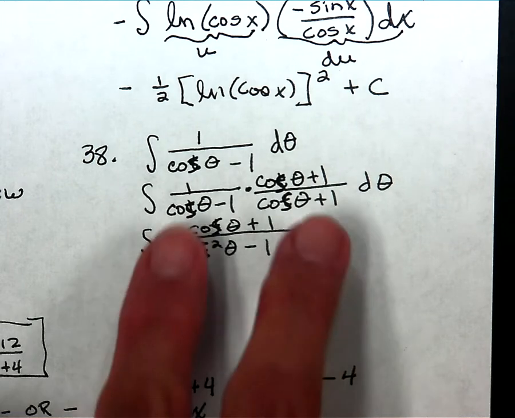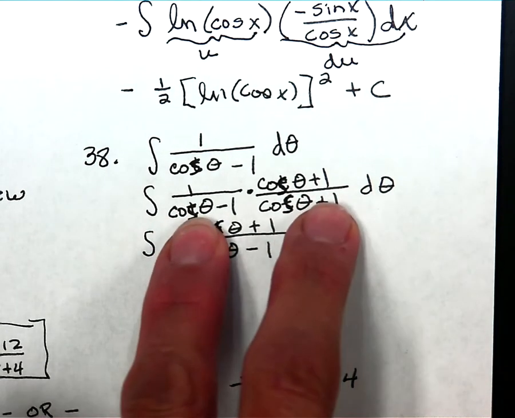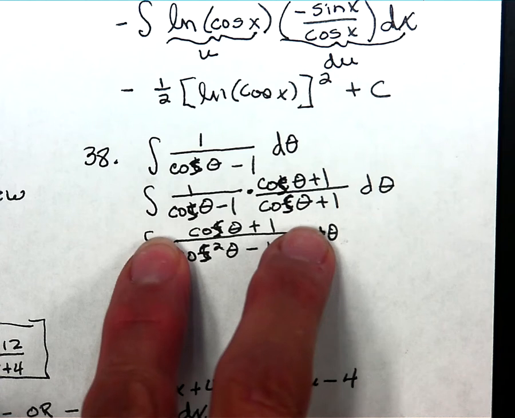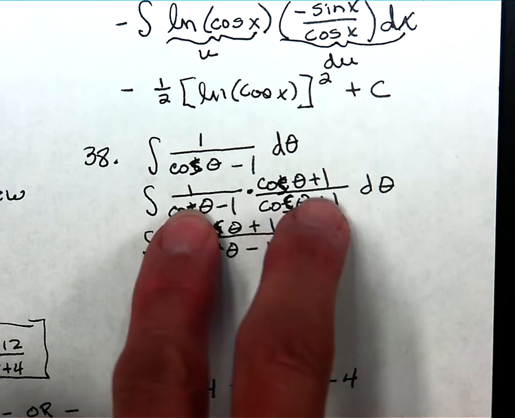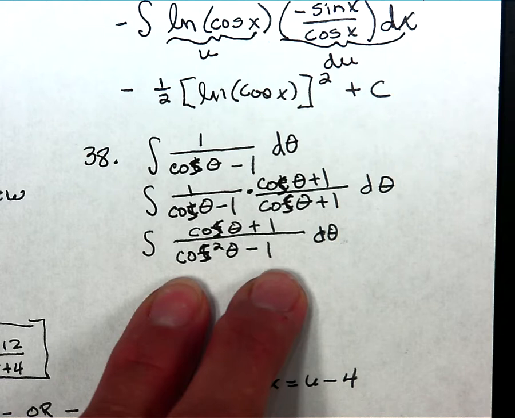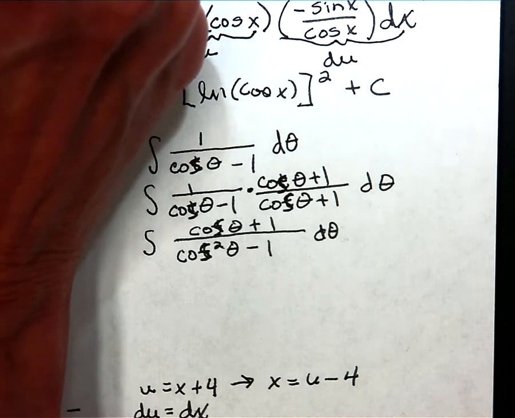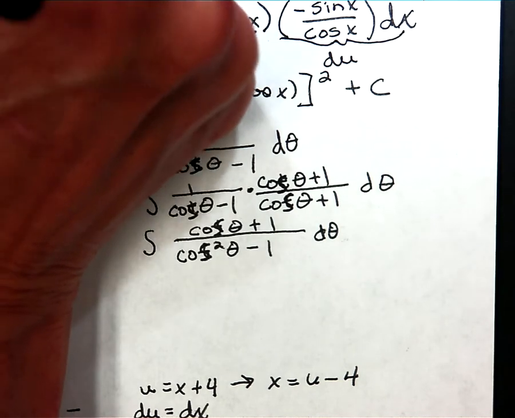The whole reason for multiplying by a Pythagorean identity is when you do, by multiplying by the conjugate, you always get a Pythagorean identity. That cosine squared minus 1, again, sine squared plus cosine squared is 1.